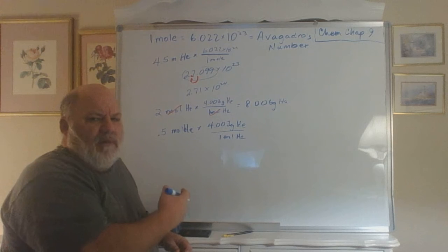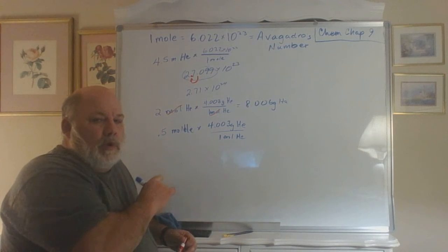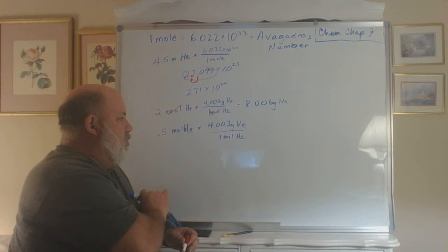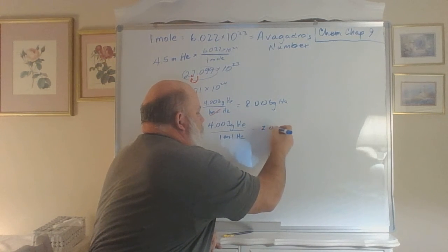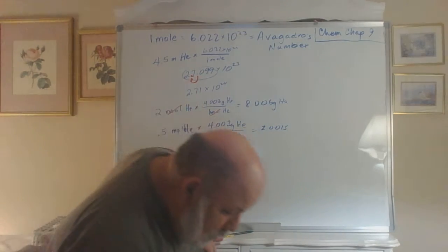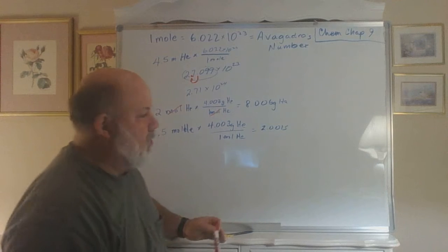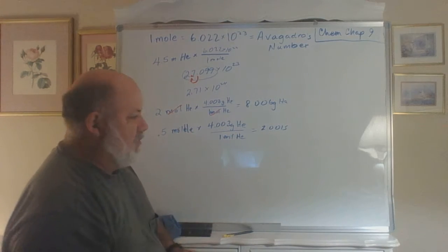You go, oh, that's just half a mole. Yeah, just divide by 2. I greatly encourage you to show the unit multiplication on this. And what is that going to be? 2.0015. I don't know what they have in the book. They just say 2.002. They round it up. And again, this mole and this mole cancel.